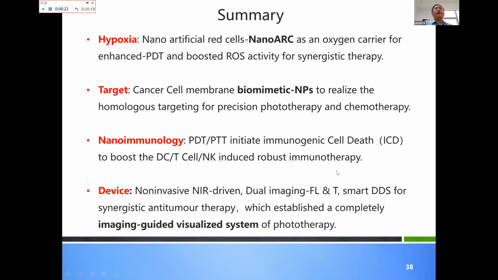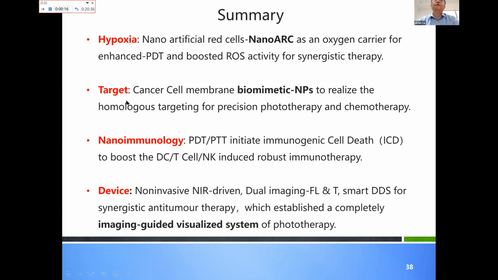And finally, I have some summaries. I have a hypothesis to use NanoARC as an oxygen source for enhanced PDT and to boost ROS activity for synergistic therapies.